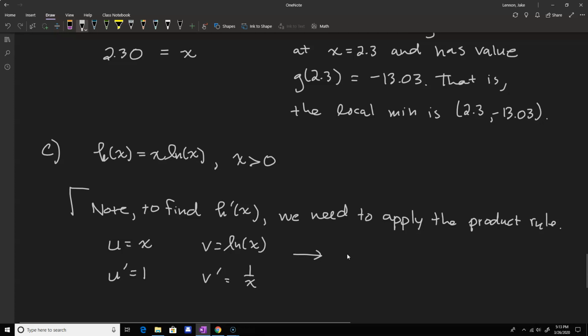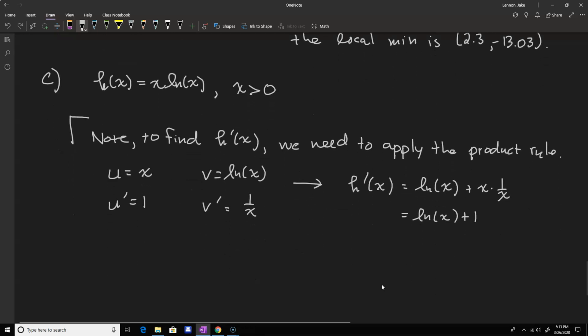So we can use that. So h prime of x should be the natural log of x plus x times 1 over x. So h prime of x is the natural log of x plus 1. So what we want to do is set that equal to 0 and solve to find our critical point. So subtract 1 on both sides.